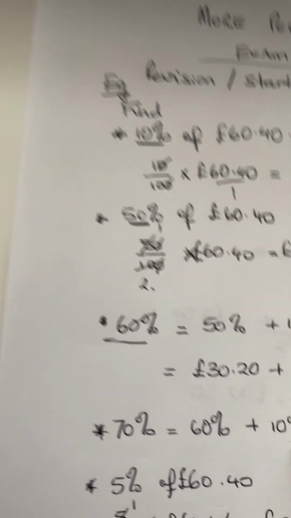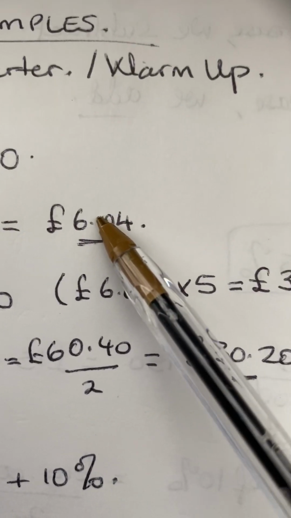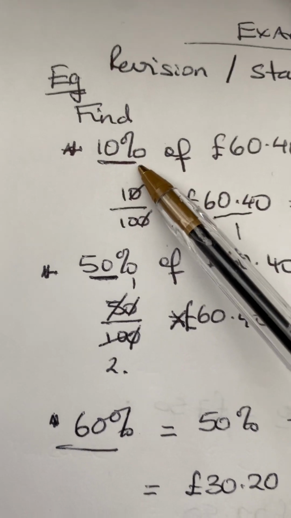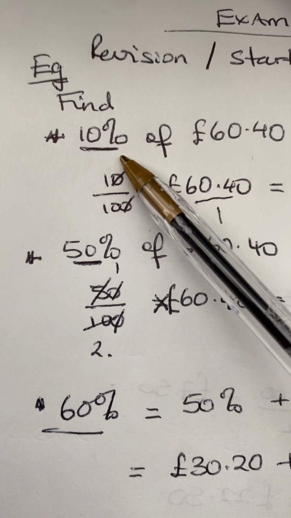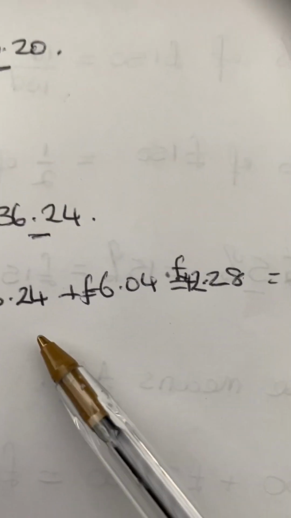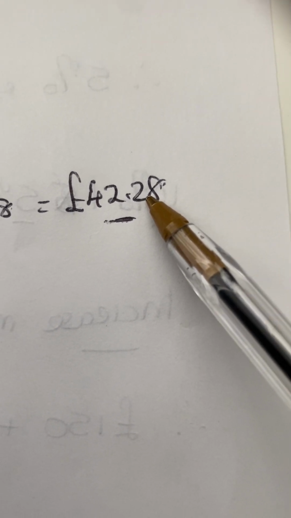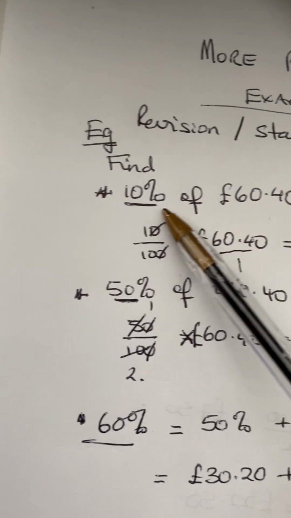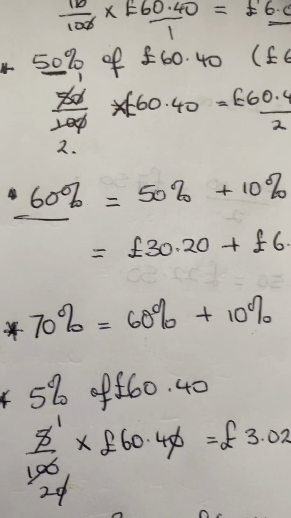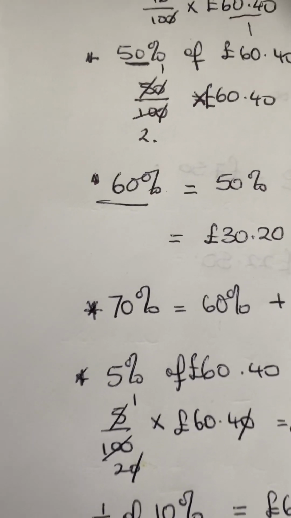Add 10% and you already have 10% here. So when you add them, you get that. Or you multiply 10 by 7, and whatever figure you get, you add it and you will get that. That is 70%. I hope I haven't lost you.